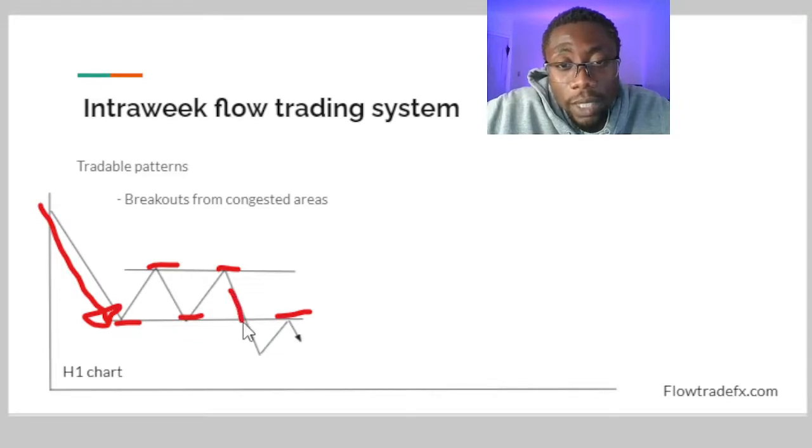We already know price has the bias because we have the momentum that broke out of this support zone, and we have the initial momentum that started the week to the downside, and we have a tight range towards the extreme of the previous move, which in this case is a downtrend.